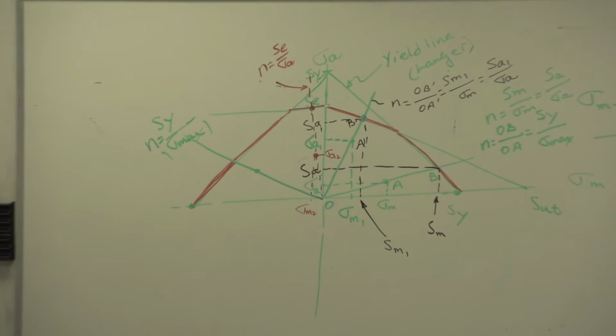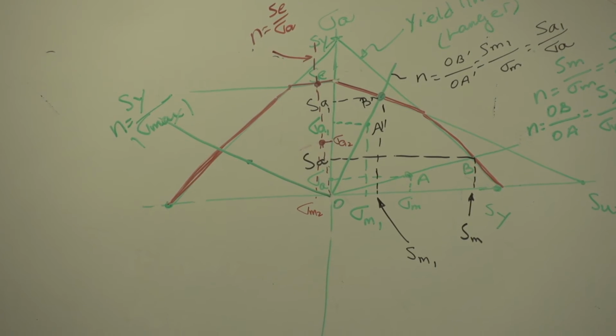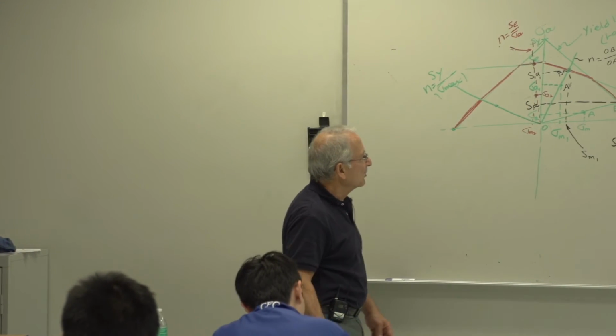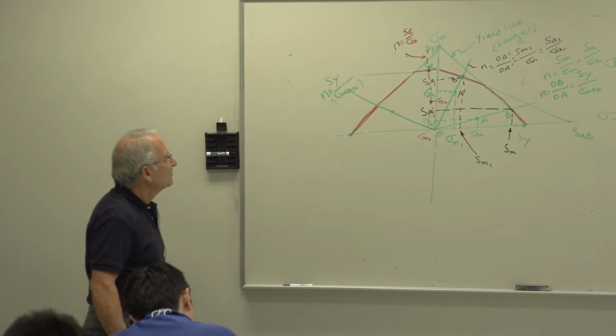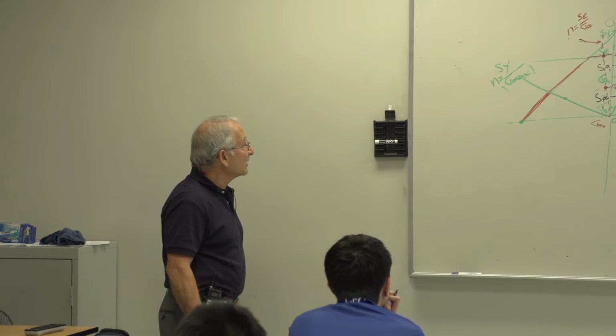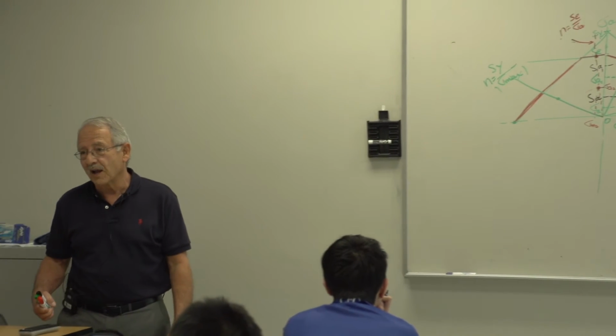These are the 4 different types of failures that you may encounter, and those are the factors of safety that you get for each. This is a bit crowded, I guess. But if you're going to put it all in one graph, this is what happens.